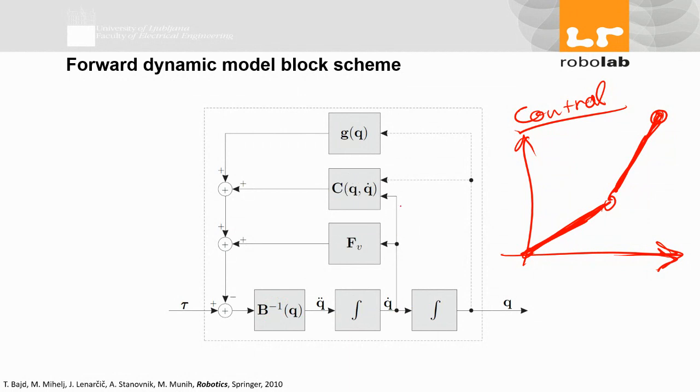My centrifugal term is related to rotational speed. You see rotational speed, and it's also related to the angle itself. So the centrifugal effect will come and be subtracted from my initial torque, and we apply that to the system. I have gravity. Gravity has nothing to do with speed or acceleration. It depends on the location and position of the robot.